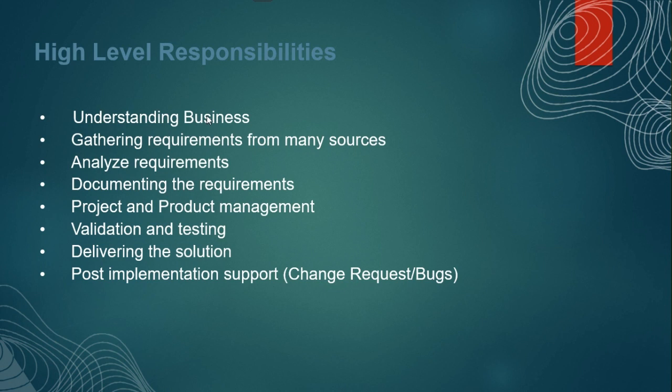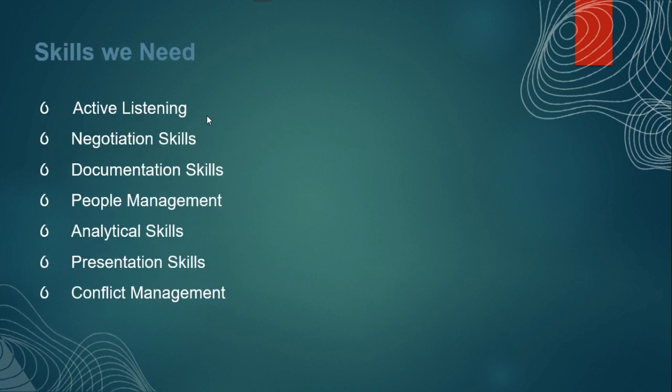Then delivering the solution and post implementation support, as in when something is already delivered and live. Once it is live, if issues are coming or any new requirements are coming, he is responsible to take forward all those issues and get those resolved or get those done from the respective teams.